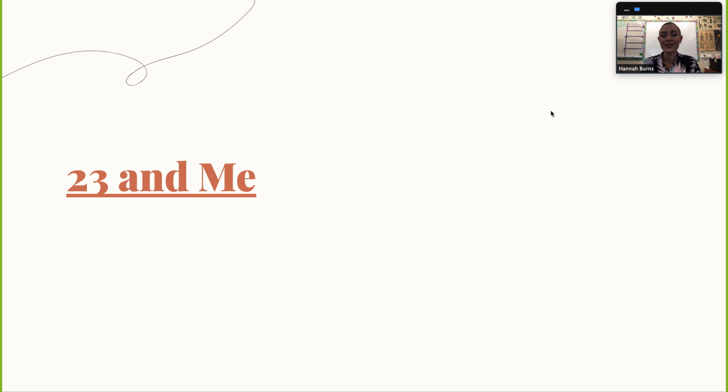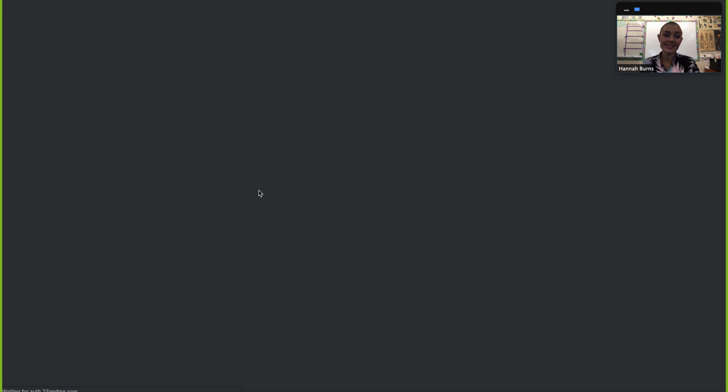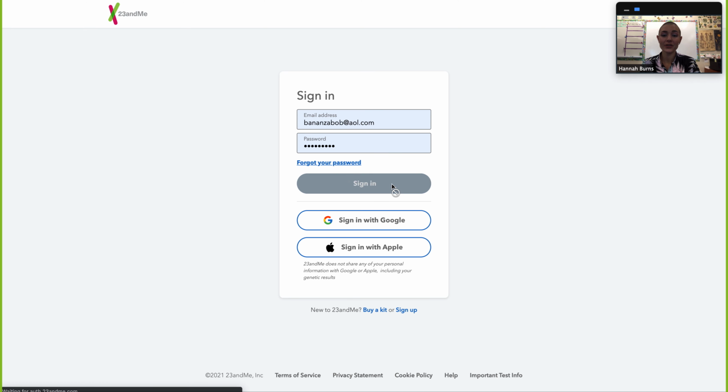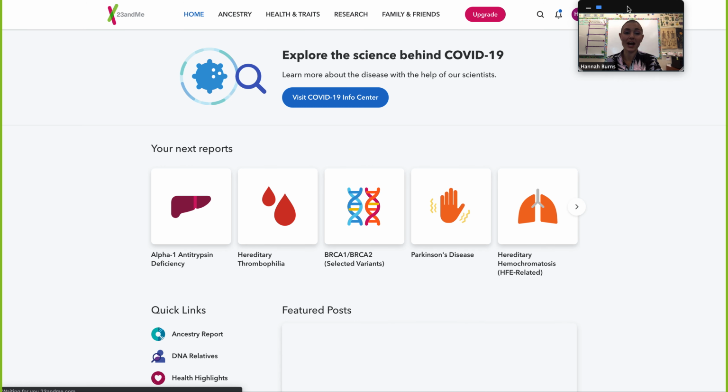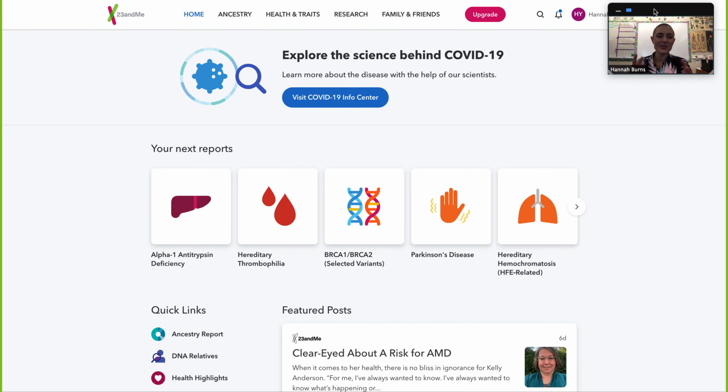That's the goal. So I'm going to walk us through 23andMe. If you're not aware of it, it's essentially a genetic sequencing program. I did it way back when it first started, in high school actually, to figure out why I was experiencing a few different conditions, such as stomach aches all the time and a lot of headaches, and they wanted to see if it was because of some traits that I had.